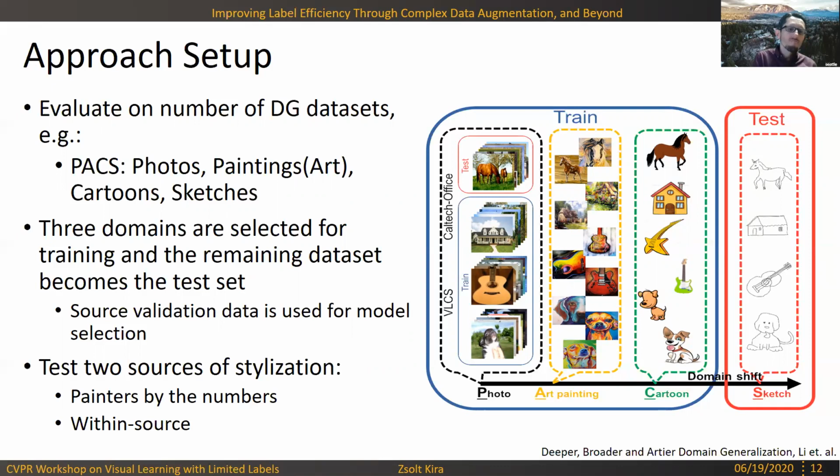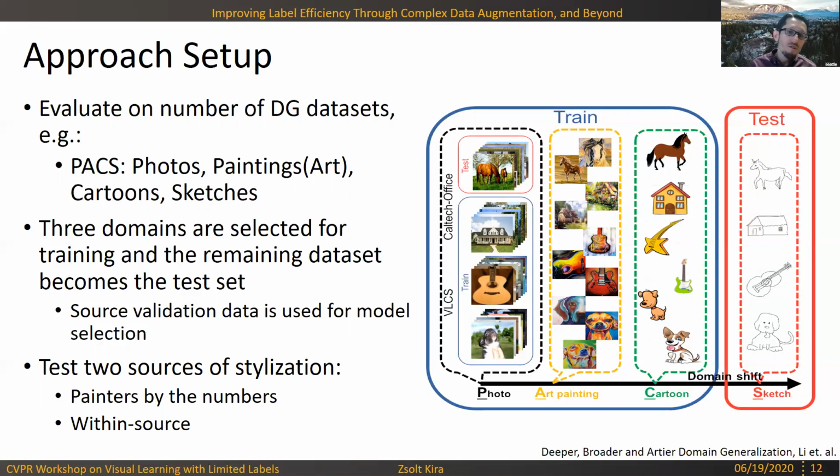We're going to test stylization as an augmentation method. Specifically, we take the training set sources and augment them through stylization. We stylize them with Painter by Numbers, which is an external data set, so the style loss will be driven by these painting styles.